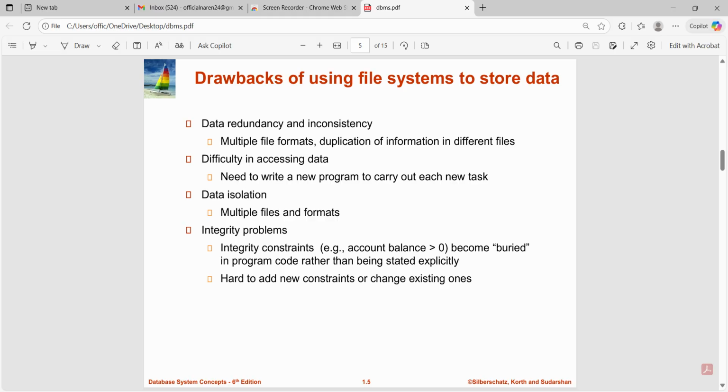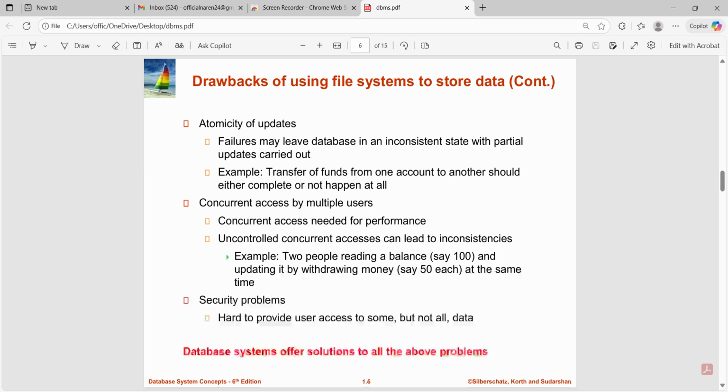There is an integrity problem also that we are in need of remembering. So atomicity of updates. Failure may leave the database in an inconsistent state, with a partial update.